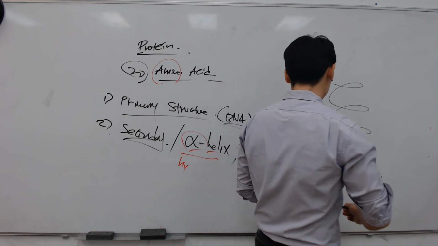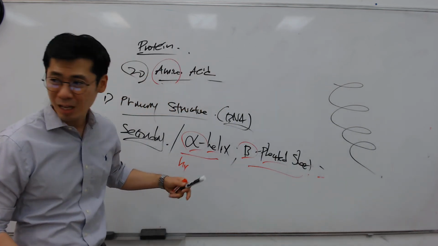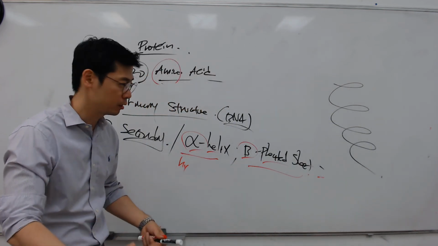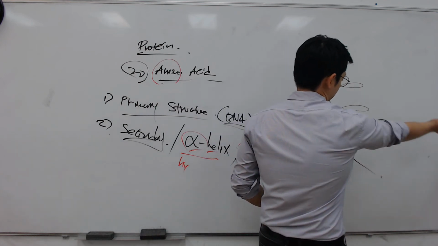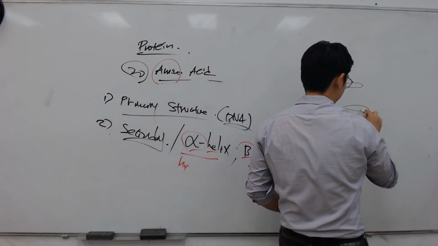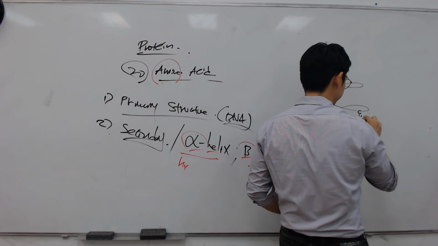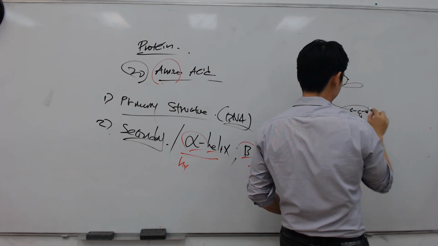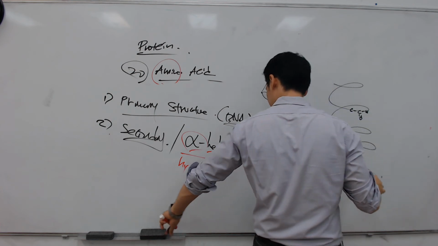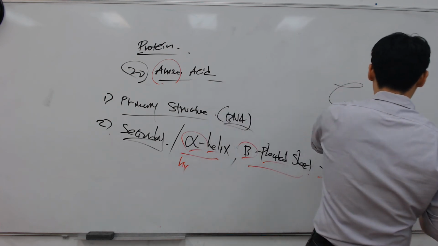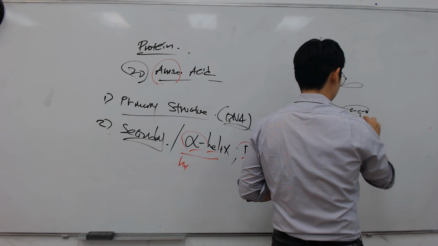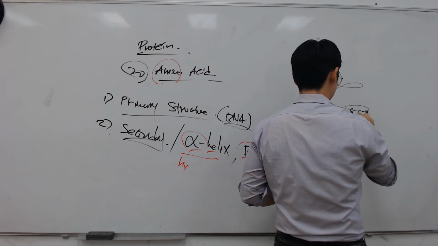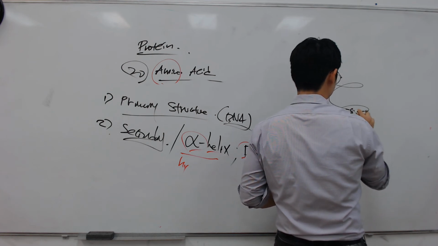So now, how do they create the alpha helix? Hydrogen bonding where? If you look at it, guys, there's an amino acid here, right? There's your carbon here, the side chain R, and a double bond O. There's a nitrogen there.